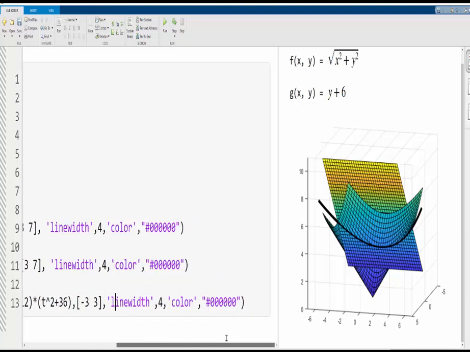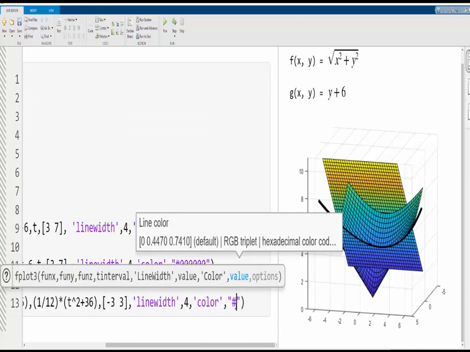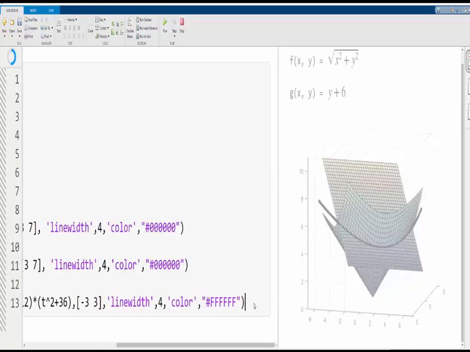Okay, and well, let's just make it white. That's another one that I remember. Otherwise we can always look these up, then Control Enter. All right, let's see what it gives us. Okay, and for some reason I could not find a word that I could type for color.